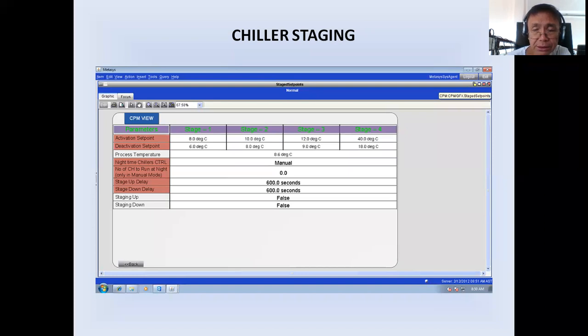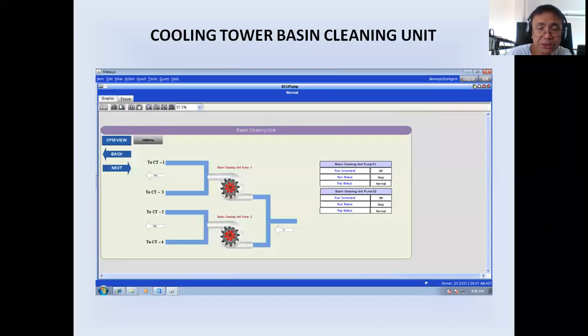Next slide. Cooling tower basin cleaning unit. The purpose of this is to clean the cooling tower basin, because the basin will catch sand, especially in the Middle East. As you know, there will be sandstorms. Then this basin will collect some sand, and it should be removed from the cooling tower basin.